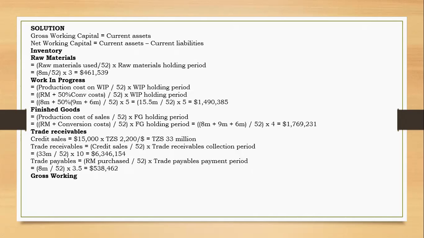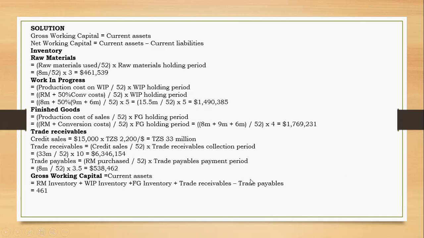Now what we need to do is just to complete the gross working capital, which is the current assets, which involves inventory of raw material, work in progress, and the finished goods, as well as trade receivables. When you need to know the gross working capital, you do not deduct trade payables. I think there was a typing error here, because it's just current assets.